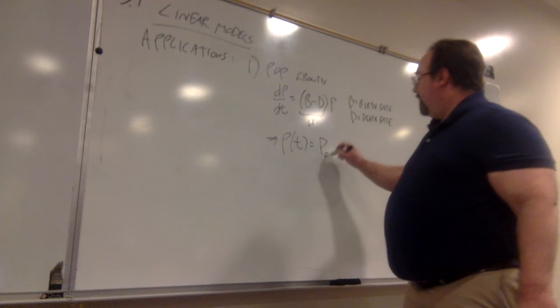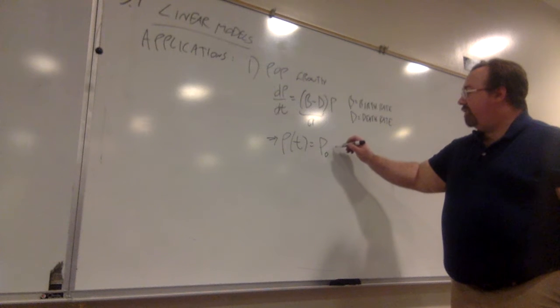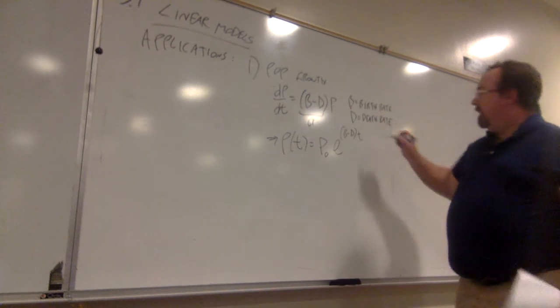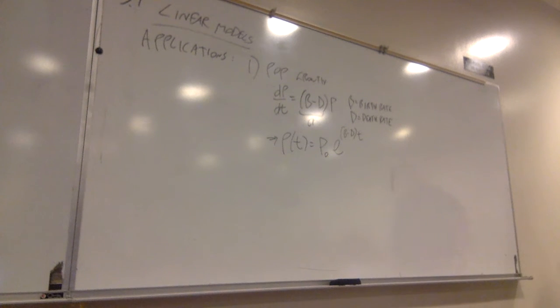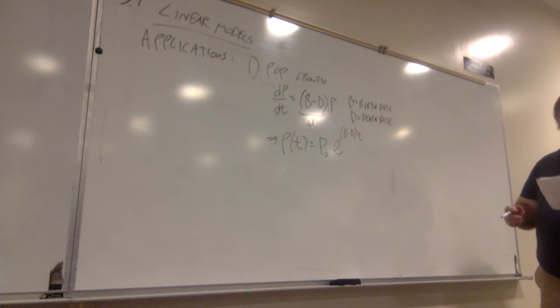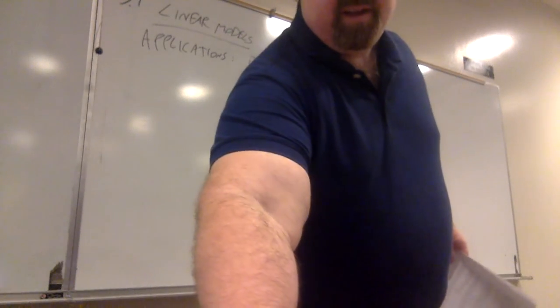So it's the initial population at time t equals 0 times e to the (B minus D) times t, where the units for t correspond to however you're expressing the birth and death rates.